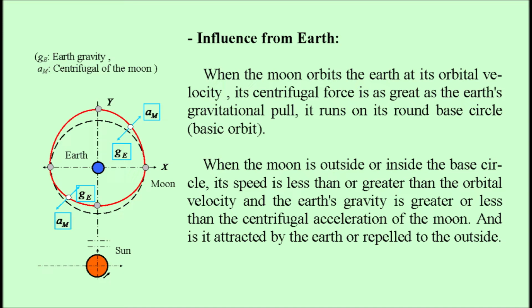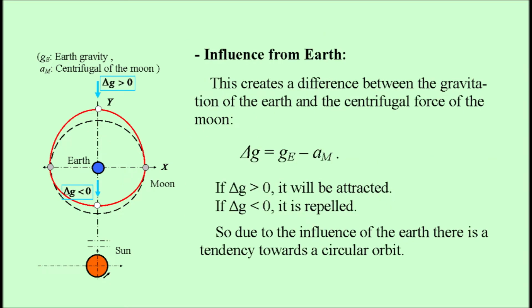Is it then attracted by the Earth or repelled to the outside? This creates a difference between the gravitation of the Earth and the centrifugal force of the Moon. So due to the influence of the Earth, there is a tendency towards a circular orbit.